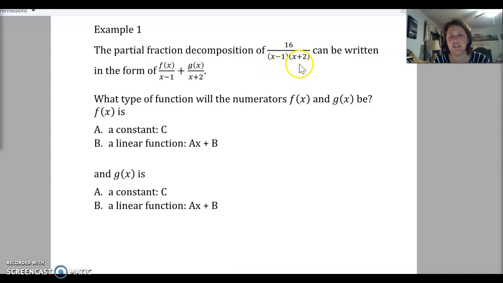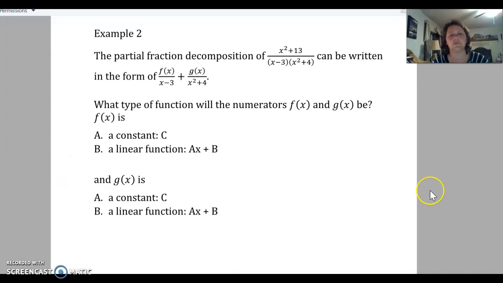They factor nicely, they're both linear, there are no exponents anywhere, so the numerator is going to be just a constant for the first factor and just a constant for the second factor. So f of x is going to be a constant and g of x is also going to be a constant. All right, let's look at the next one.